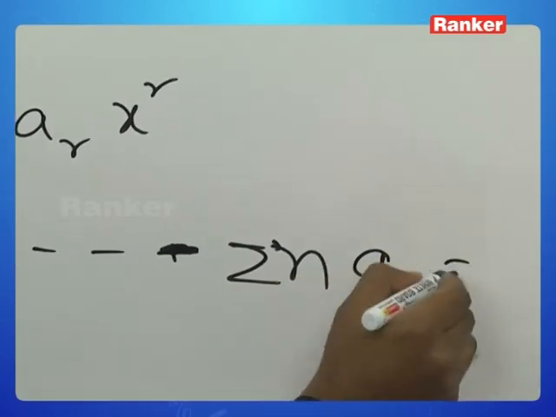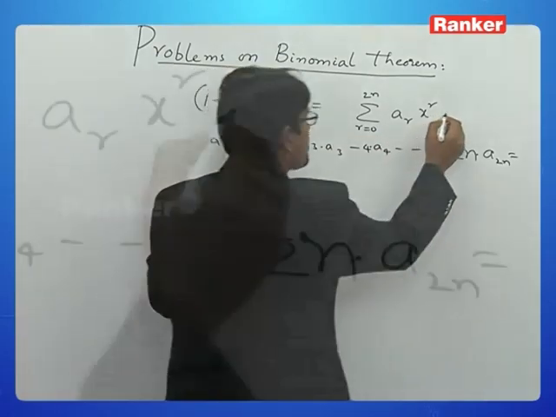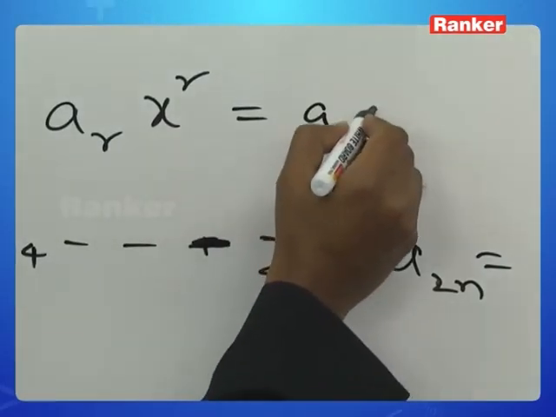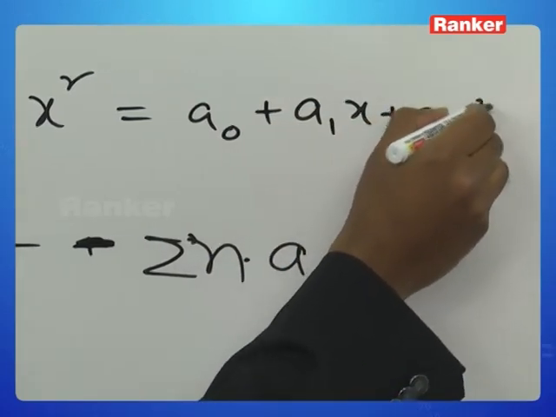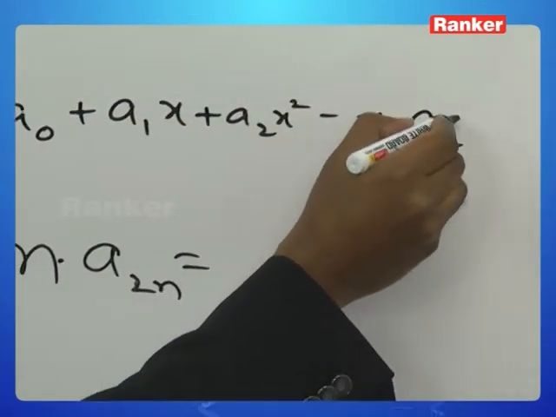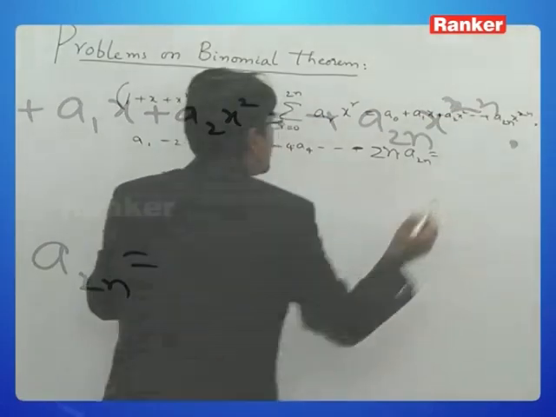This is what we require. So if you look at this expansion here, it is a0 plus a1x plus a2x square and so on and so forth, a2n x power 2n.